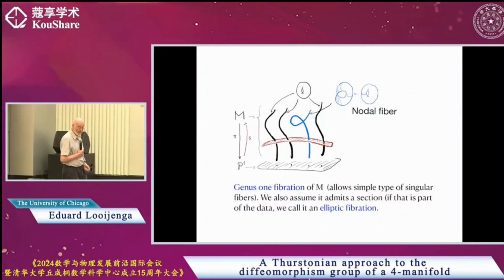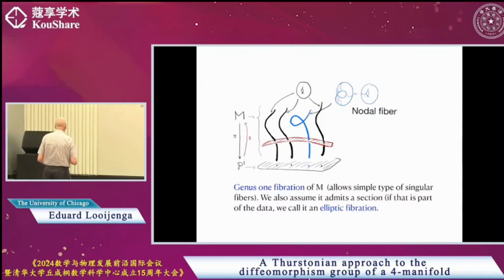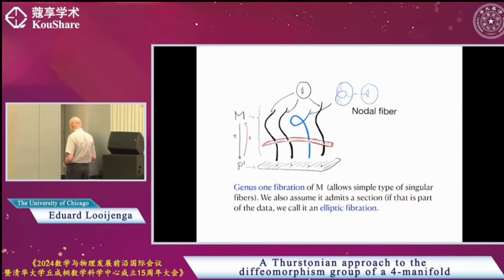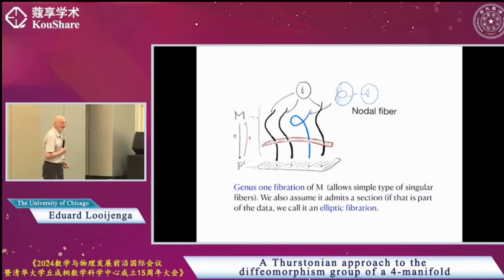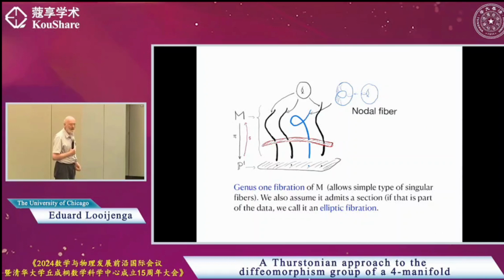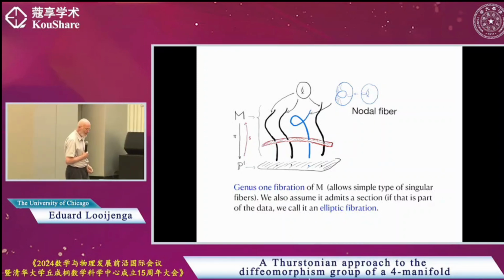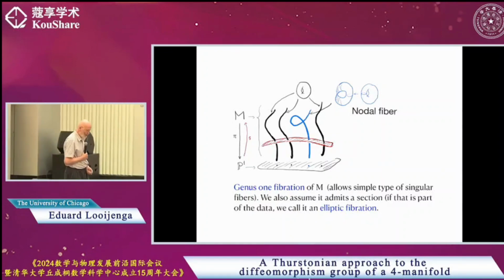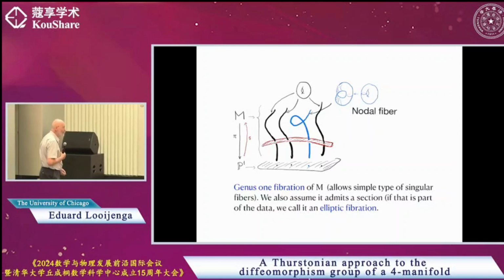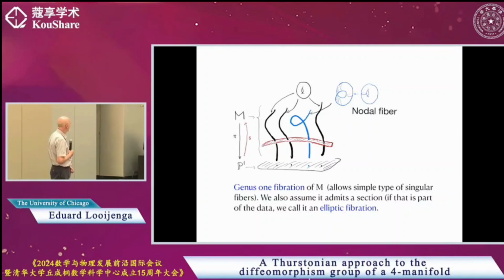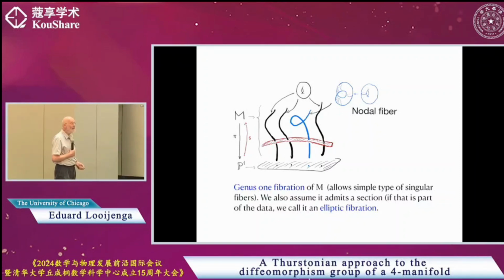There's a very simple way to compute the Euler characteristic of such a surface. You do that by pretending as if the Euler characteristic is additive with respect to fibers. Smooth fibers are tori, so they have Euler characteristic 0. So if you sum over all fibers, you only get contributions from the singular ones.